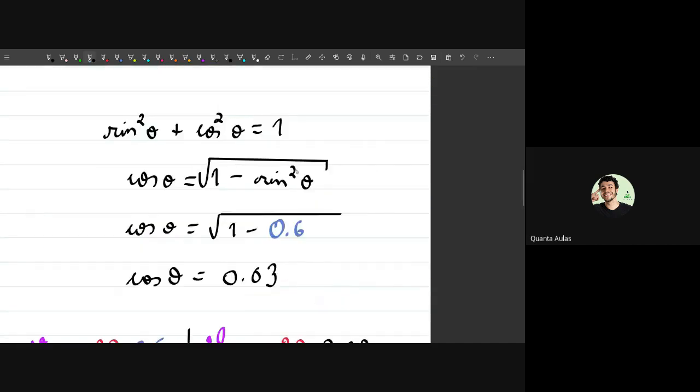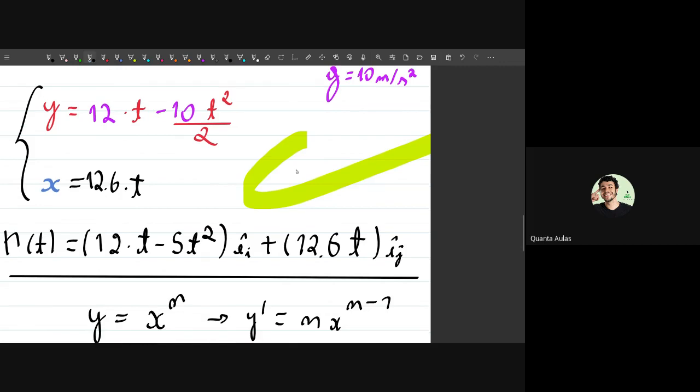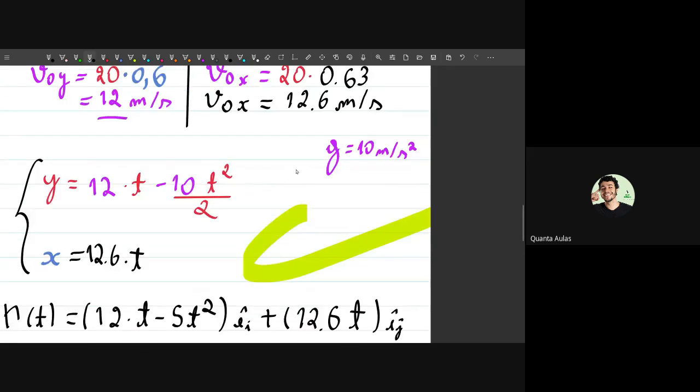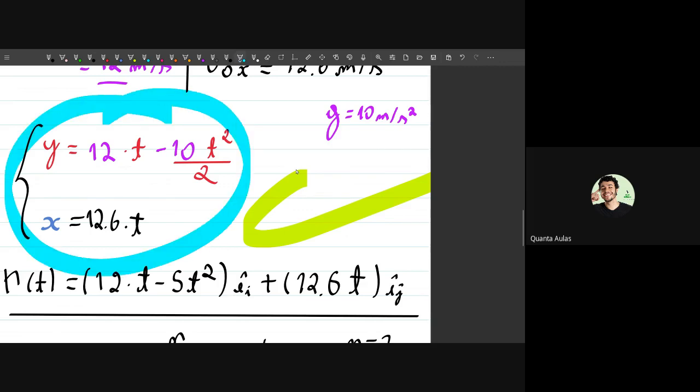But that's not the only thing the problem wants. They want the position at the instant t equals 1. So to obtain the position, you can just put t equals 1 in these equations. When you put t equals 1 in these equations, tell me the answer, okay?